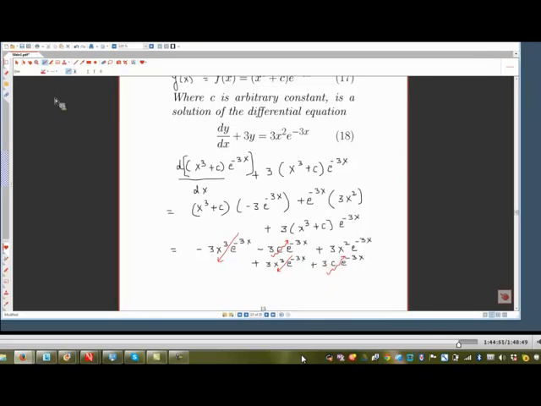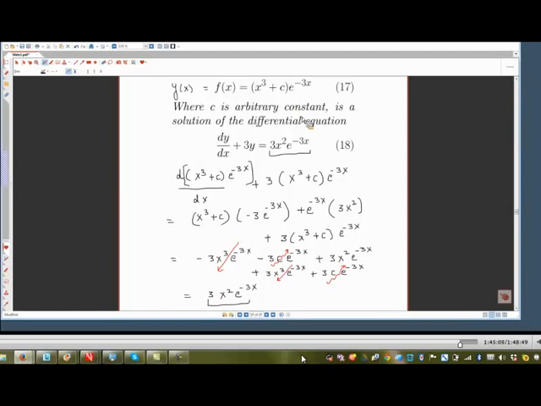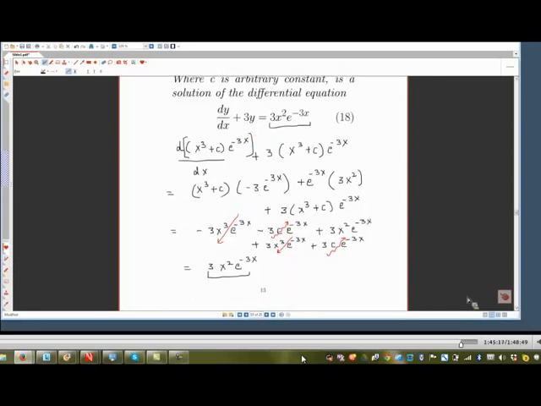So we are left with 3x squared e to the power minus 3x, which is exactly equal to the right hand side up at the top. So the function f(x) equals x cubed plus c e to the power minus 3x satisfies the differential equation y prime plus 3y equals this. So that's how you will solve. So yes, it satisfies the differential equation.